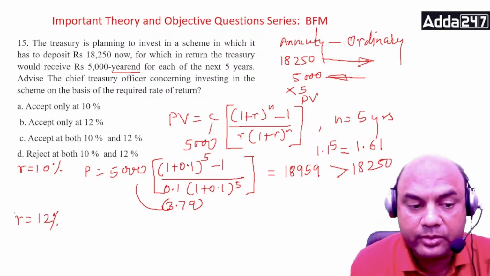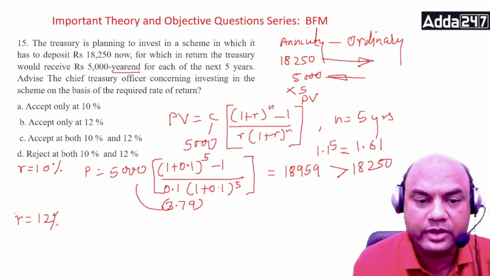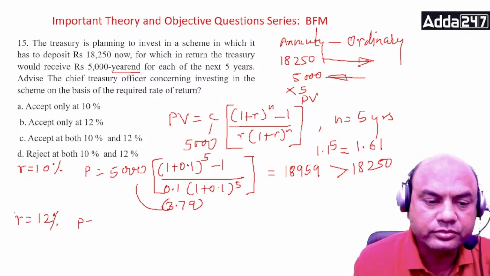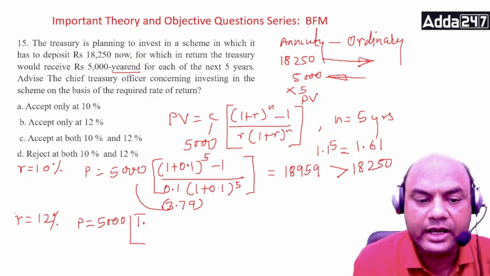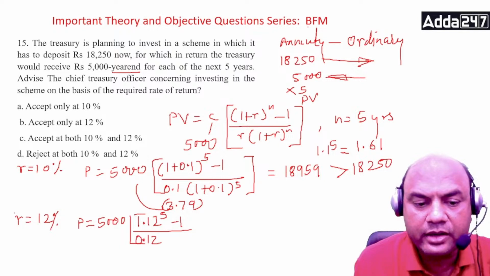Now let's look at 12% also. If I take this 12%, what am I getting? Look at this. P equals 5000 into, directly I'll write it now, 1.12 raised to 5 minus 1, the whole upon 0.12, into 1.12 raised to 5, right?